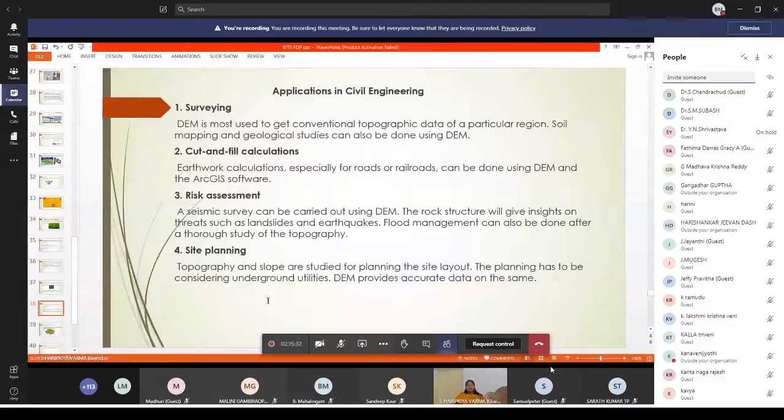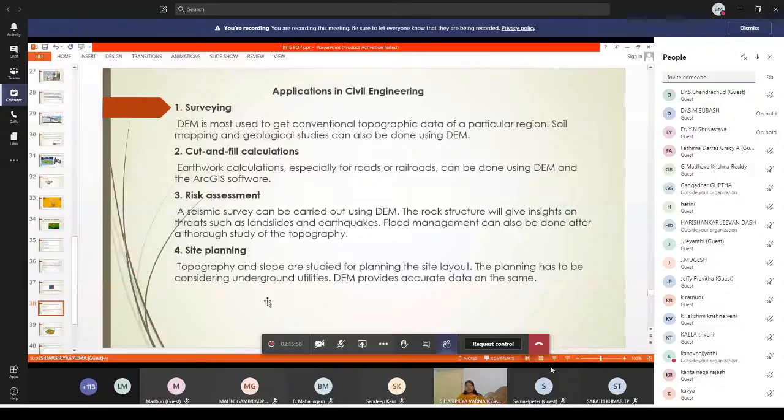Soil mapping and geological studies can also be done by using the digital elevation model.